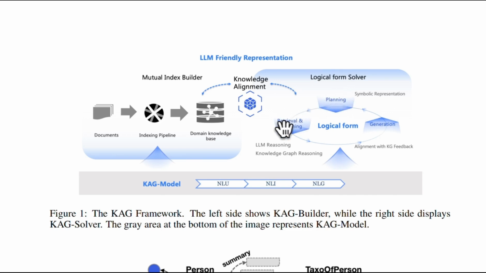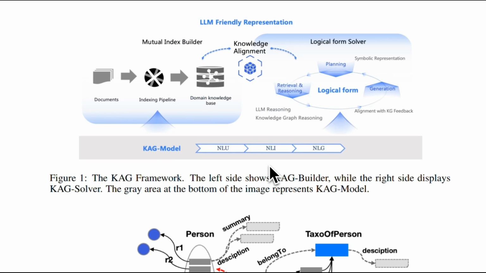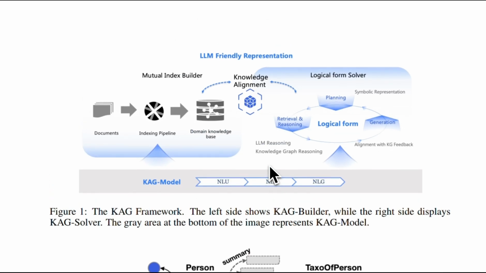Then it's going to do a retrieval for each of those queries and reason on top of each of the retrieved results. Now, this reasoning combines both the LLM reasoning plus the knowledge graph reasoning, and those combined results are passed on to the LLM for final generation. This multi-step process results in better retrieval and better generation.